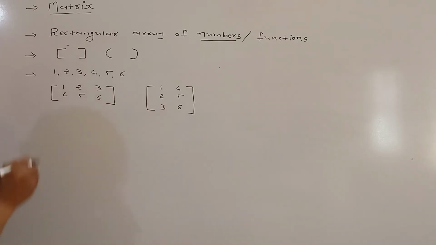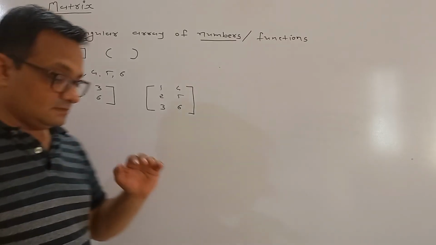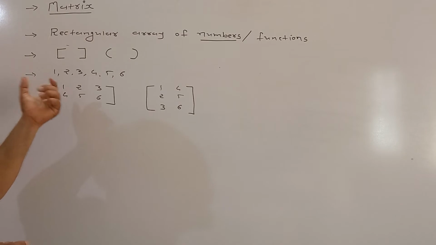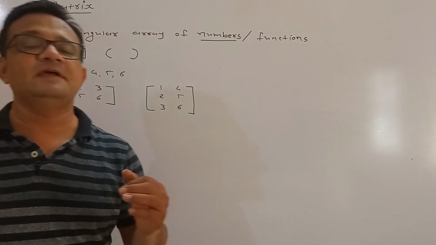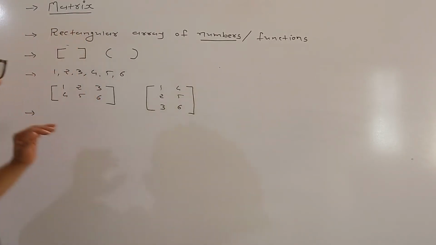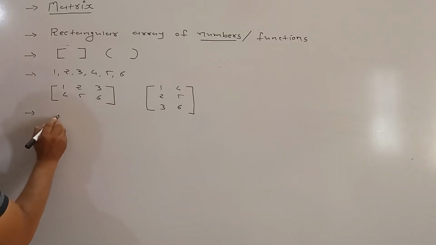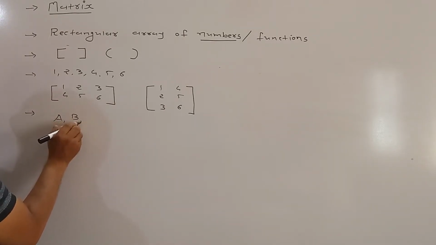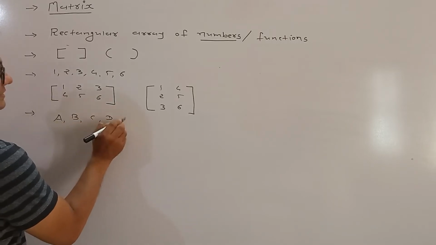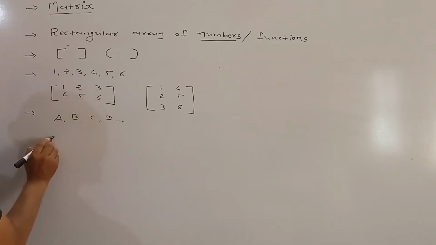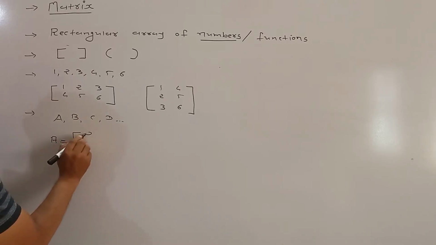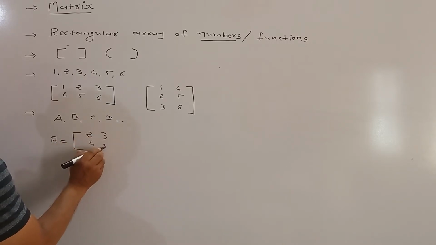Now, a matrix is generally denoted by capital letters, meaning capital A, capital B, capital C, capital D, etc. For example, A is equal to 2, 3, 4, 5.